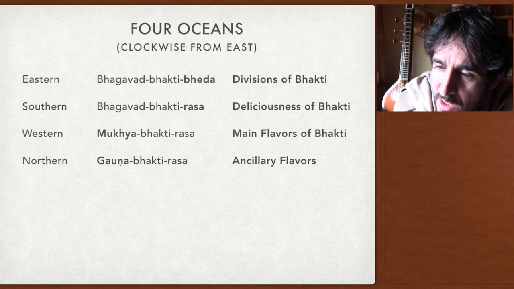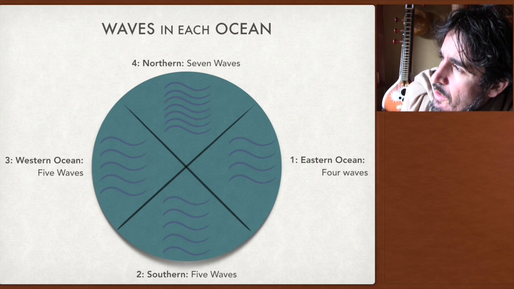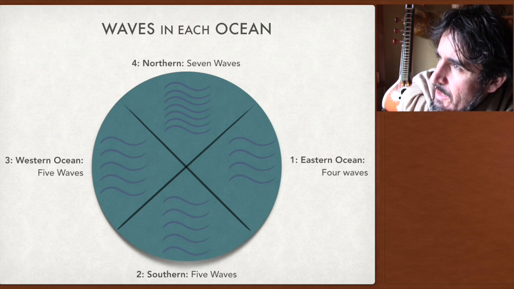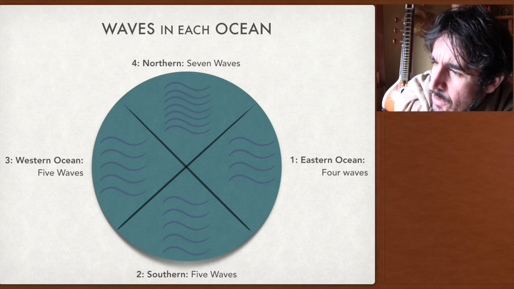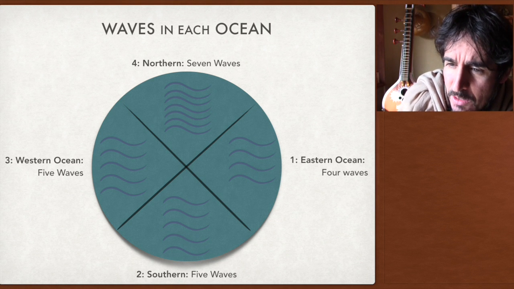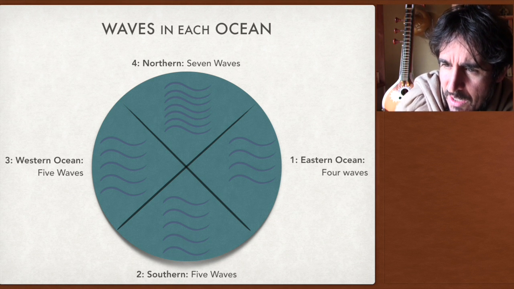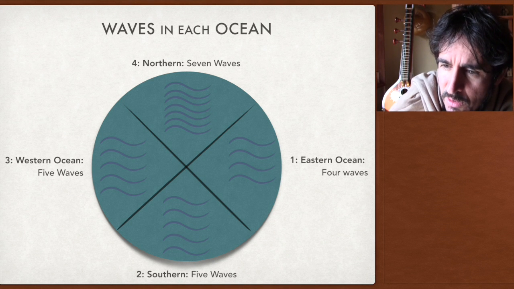But within each section there's also subdivisions. It's like if you take a regular book, a book written these days may have like a part 1, and then within part 1 there'll be chapter 1, 2, 3, 4, 5, and then there'll be a part 2, maybe again starting with chapter 1, 2, 3, 4, or maybe continuing the number, chapter 6, 7, 8, 9, 10 in part 2, and part 3, chapter 12, 13, 14.